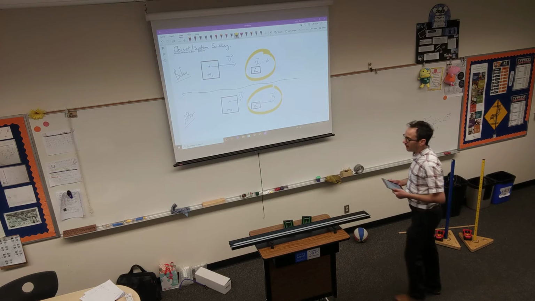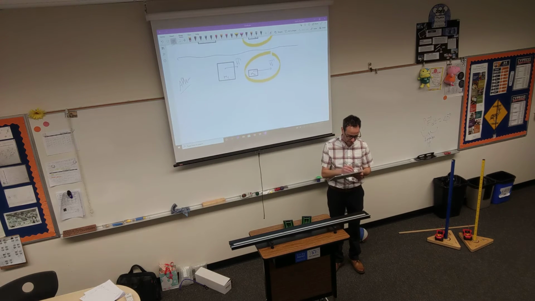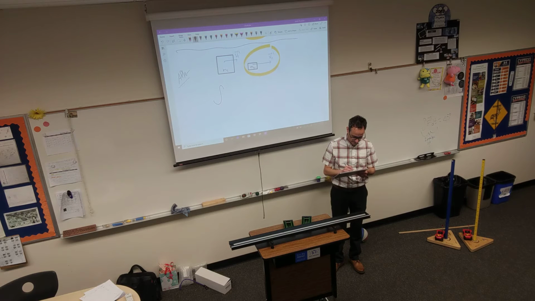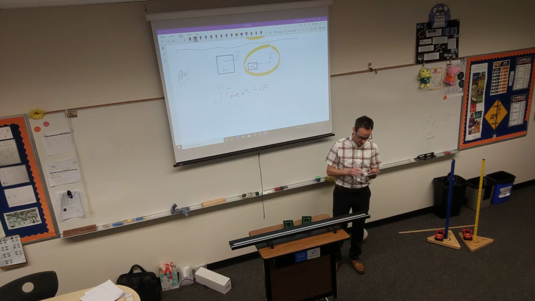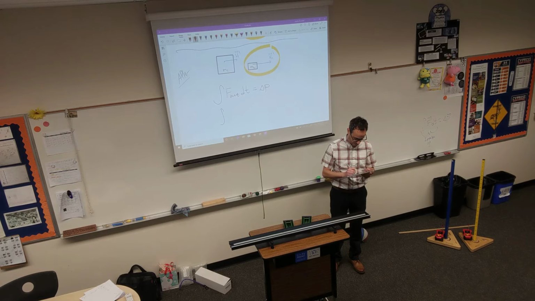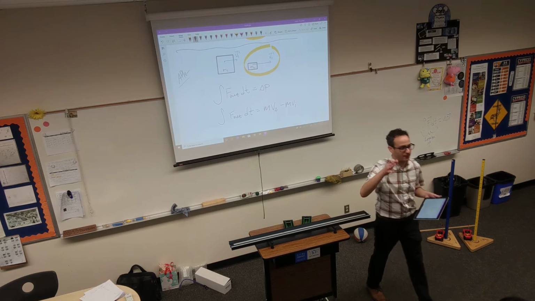So the integral of F net dt equals the change in momentum of my system. The integral of the force dt is equal to mv final minus mv initial, and I can solve things that way.